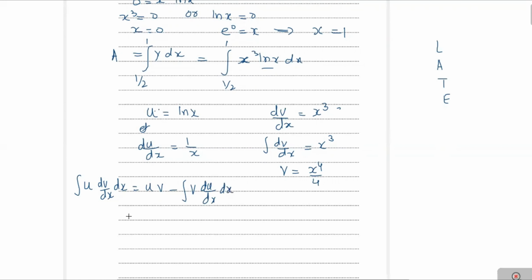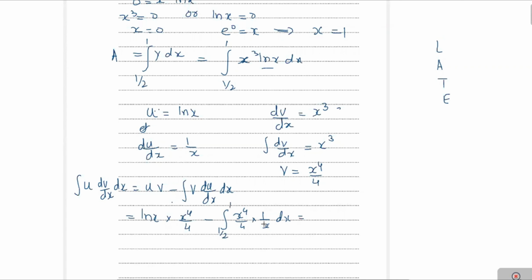Now we put the values here. u is ln x, v is x power 4 over 4, and du over dx is 1 over x dx. Now we put the limits here, that is 1 over 2 and 1.